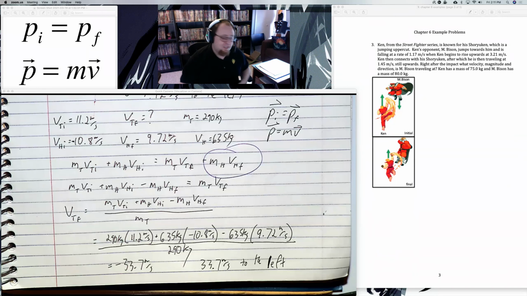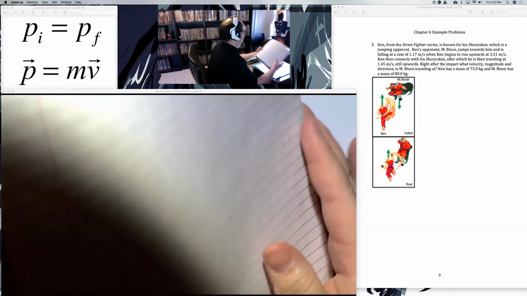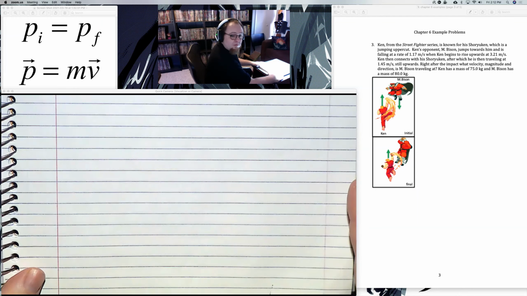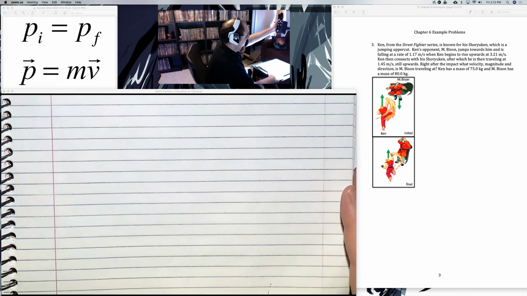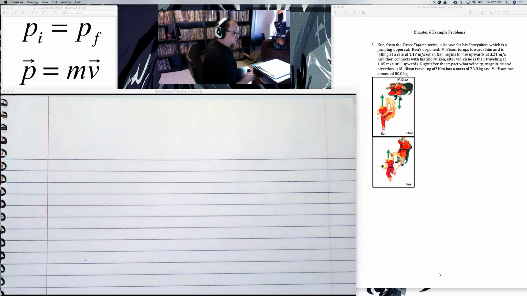This problem is about Street Fighter, because I love my classic video games. What it says is Ken from the Street Fighter series is known for his Shoryuken, which is a jumping uppercut. Ken's opponent, M. Bison, jumps towards him and is falling at a rate of 1.17 meters per second.